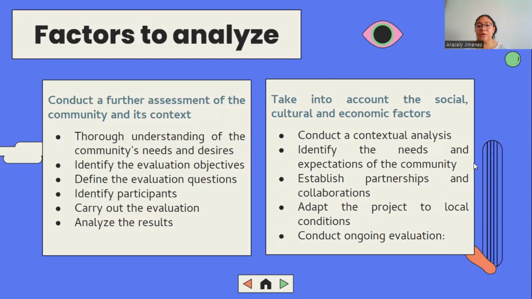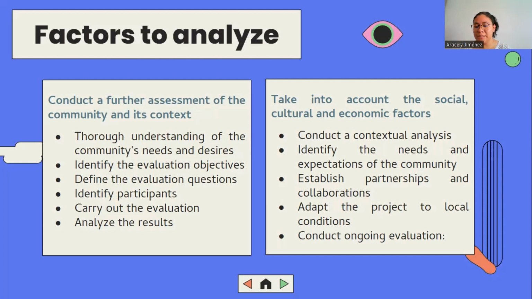Here we conduct a contextual analysis, where we identify the needs and expectations of the community and establish partnerships and collaborations. And this is really important because we don't always focus only on the community we are working in, but we also see the communities that are surrounding them, that are in the environment with them.